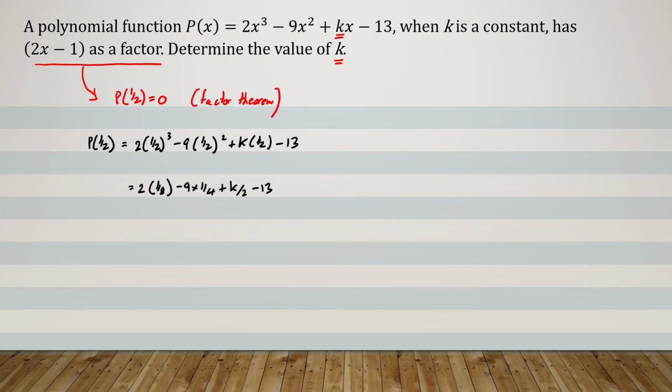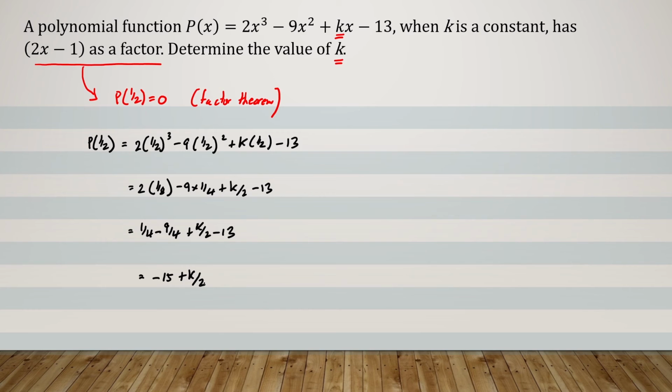So we'll simplify a bit more. We'll have a quarter minus 9 on 4 plus k on 2 minus 13. And another step where we can say negative 15 plus k on 2.